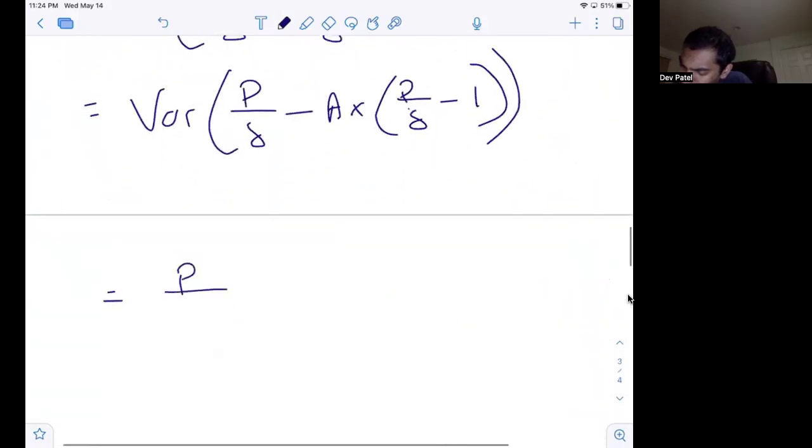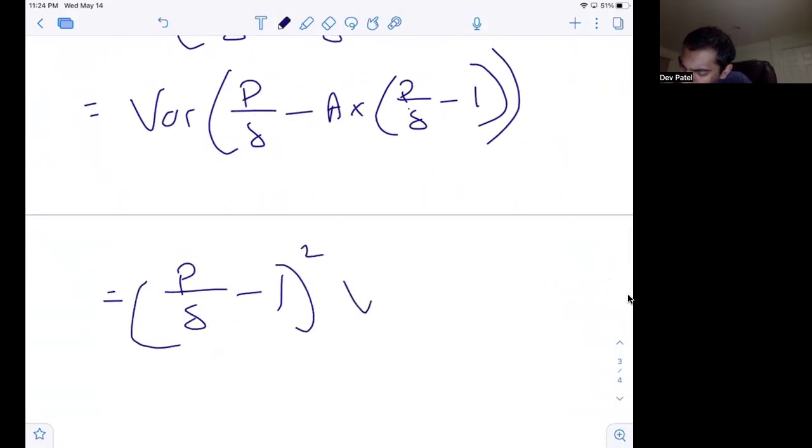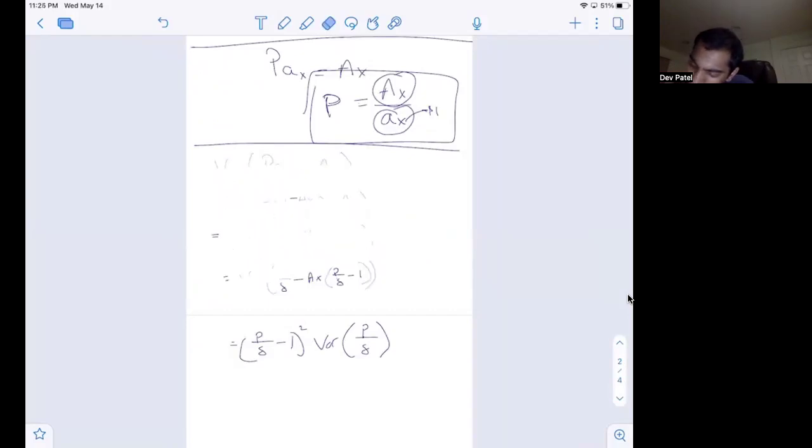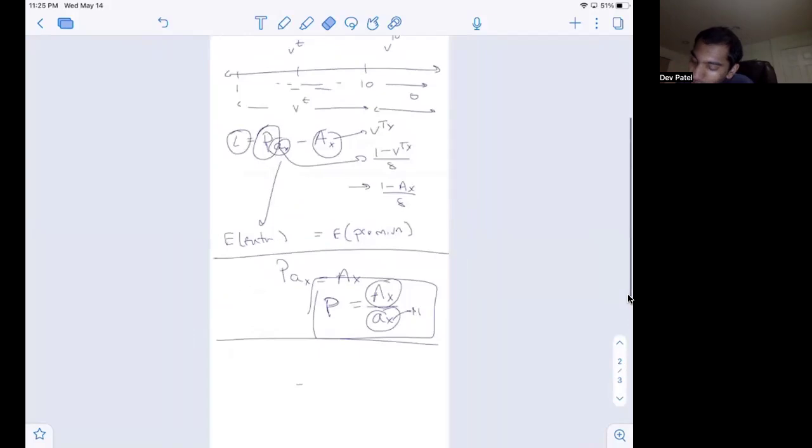And we can simply calculate this as this squared times the variance of this. So long story short, if we want to calculate the variance of a present loss variable, we can get it just by taking the variance of our formulaic expression here, making sure to factor out the constants.